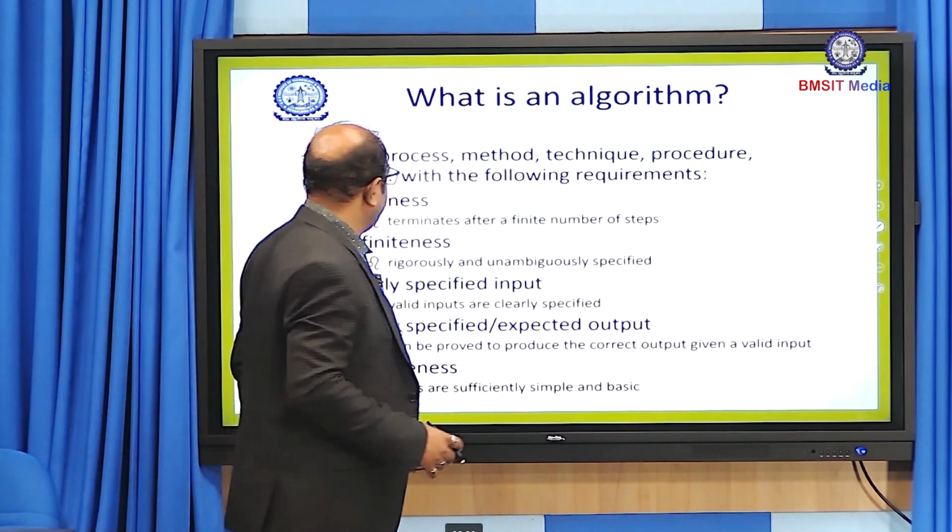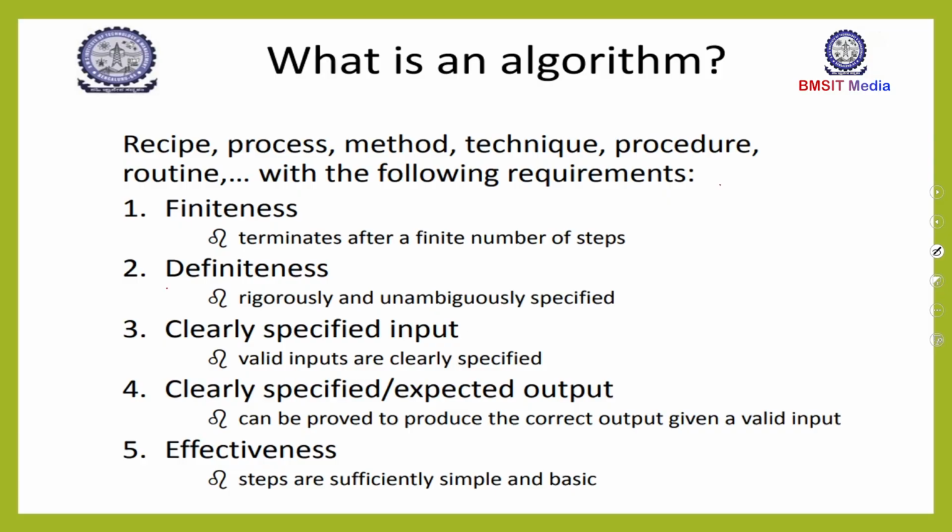Suppose for this example, you take a for loop: for i is equal to 0, i less than n, i plus plus. If x modulus of 2 is equal to 0, printf even, or else odd number.